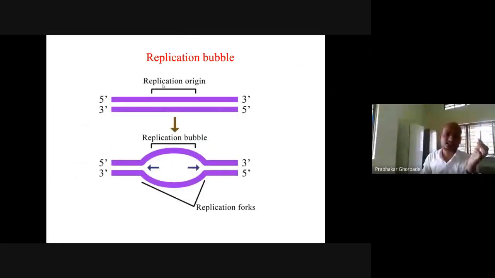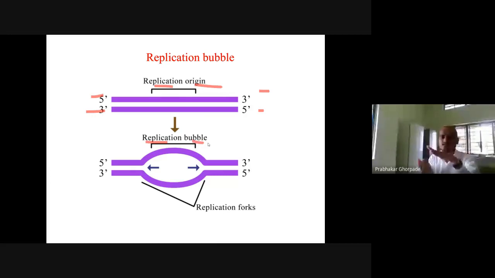So this is what we were discussing. This is a DNA. DNA has two directions, 5' to 3', and the opposite complementary strand is 3' to 5'. This direction is shown here. This one is a replication origin. Once the replication initiator protein binds here, a replication bubble will form.